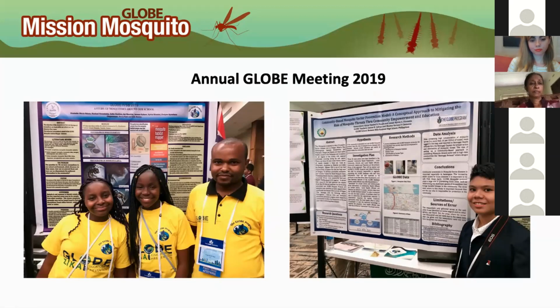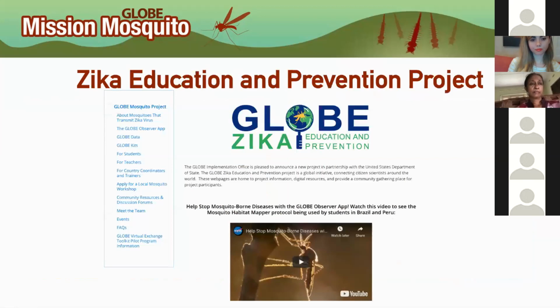the mosquito habitat mapper. I mentioned that there's another program that is absolutely an incredible success called the Zika Education and Prevention Project. This project is a joint project with the GLOBE Implementation Office and the Department of State.